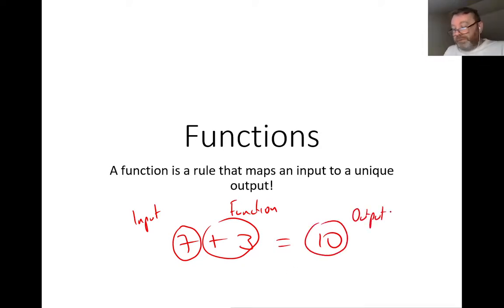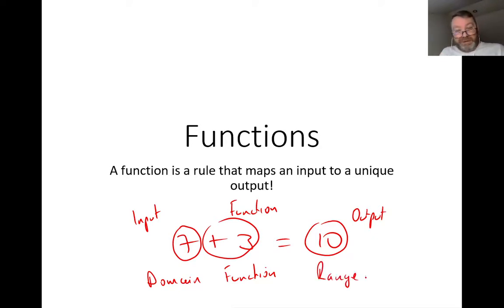That's the crude image. In mathematics, we would say 7 is my domain value, plus 3 is the function, which really doesn't change, or the operation we do on 7, and 10 is then the range output.